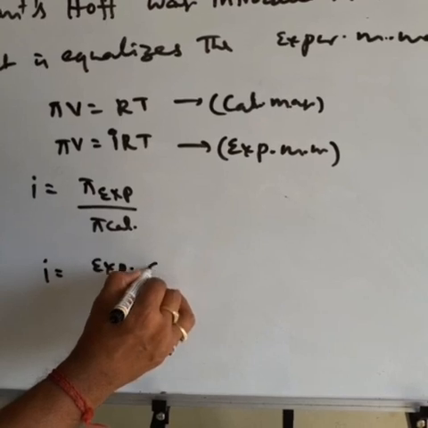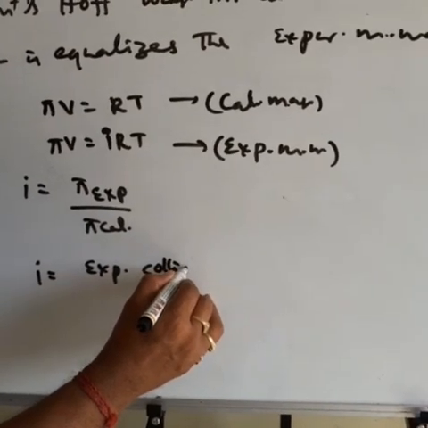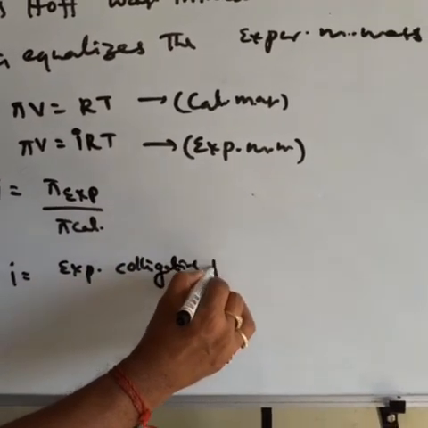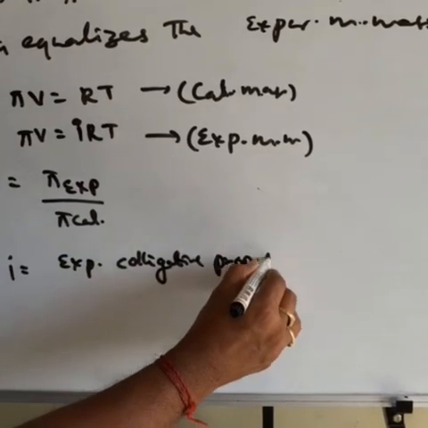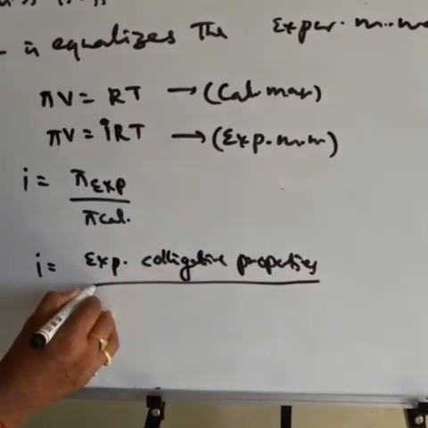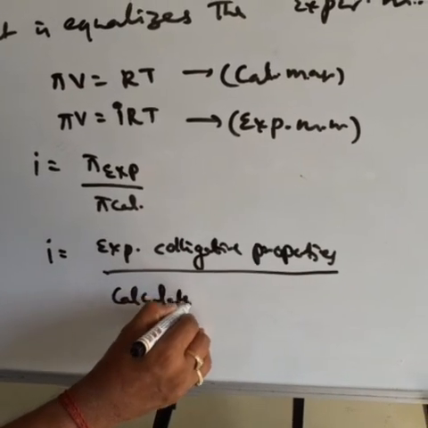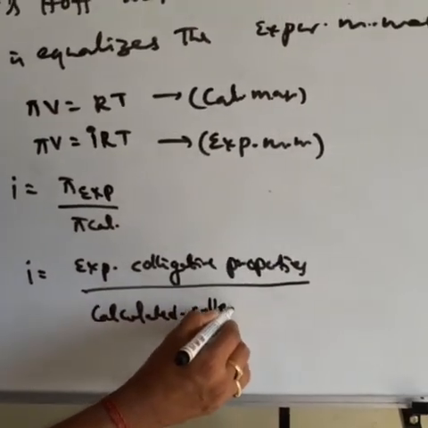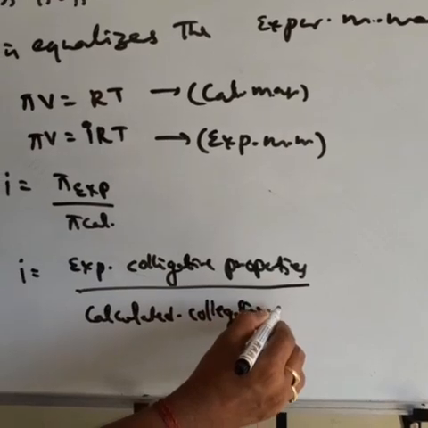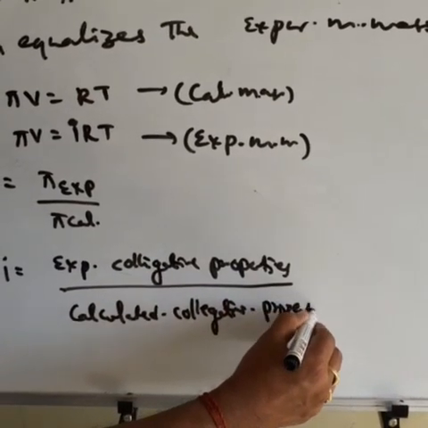experimental colligative properties divided by calculated colligative properties.